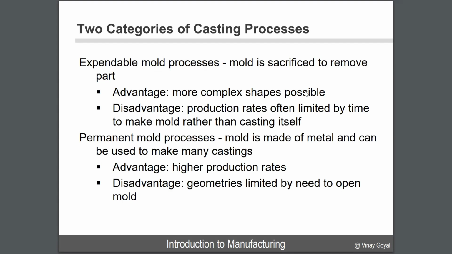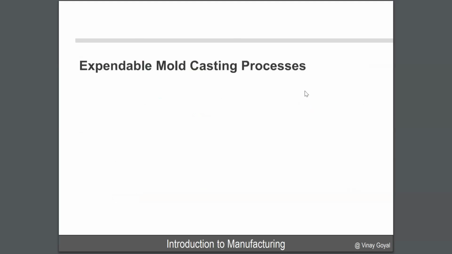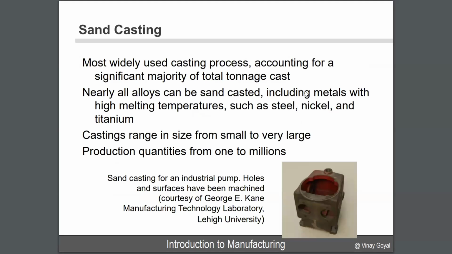Permanent mold processes really allow you to get high production rates, but the disadvantage is that the geometries can be limited in many cases, right? Now, when I go deeper into the expendable mold casting processes, sand casting is the one that's used a lot in industry. We talked about it.